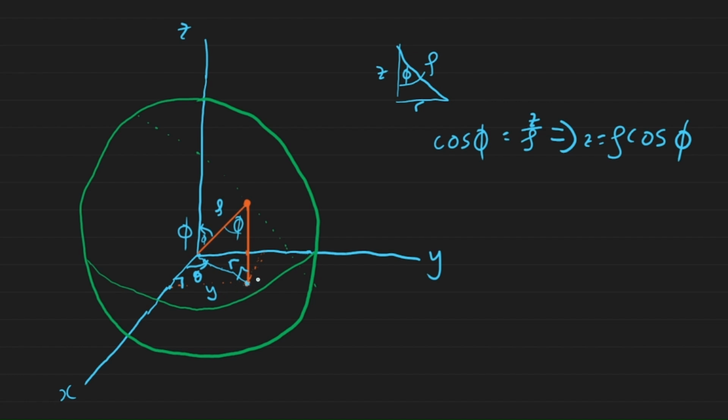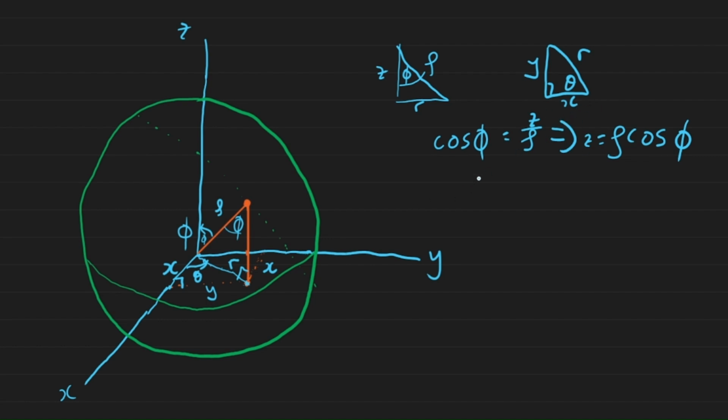And the distance between our projection of the point to the y-axis is simply x. That's y and that's x. So if we draw this triangle, we'll draw it here. We can see that this angle is theta, and then we can see that the base is x, and the height is y, and r is as it is.